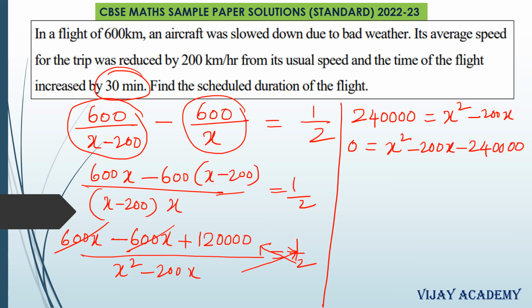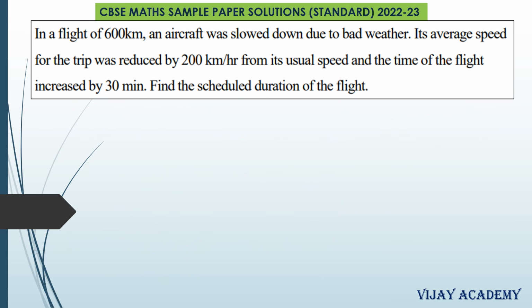Now let us factorize this. The sum is minus 200 and the product is minus 240000. The two numbers using which we can split the middle term are minus 600x and plus 400x. So let us split the middle term: x square minus 600x plus 400x minus 240000 equals 0.